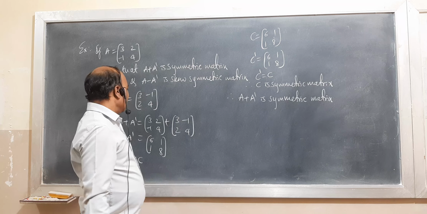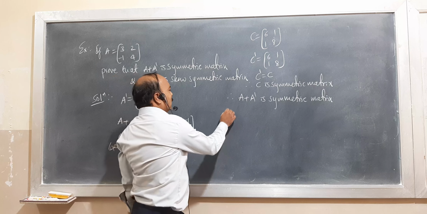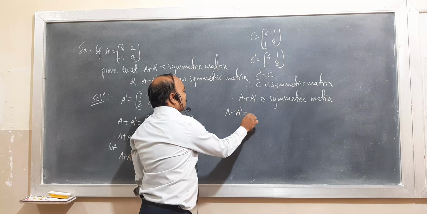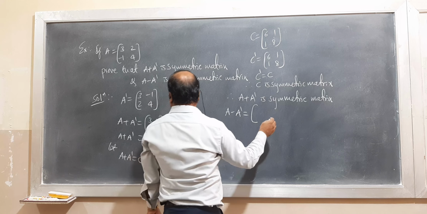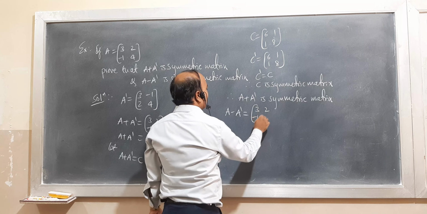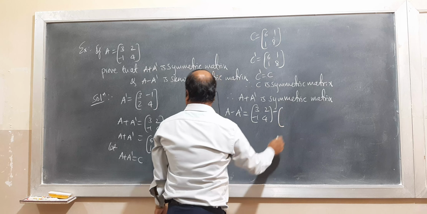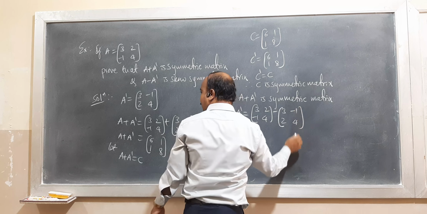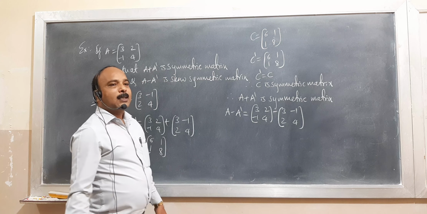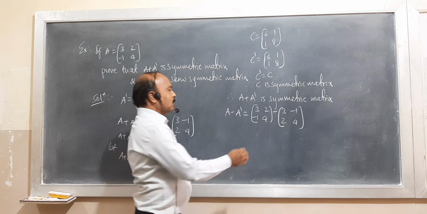Next we go for second result, that is A minus A dash. A minus A dash is given by, first A is 3, 2, minus 1, 4, minus A dash is 3, minus 1, 2, 4. Now we take the difference of these two matrices.